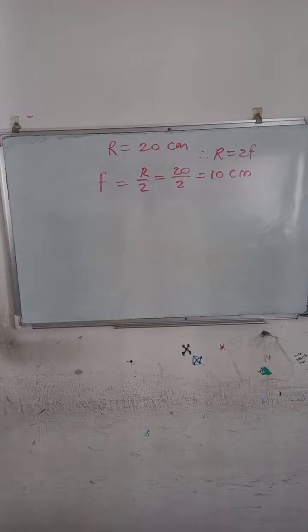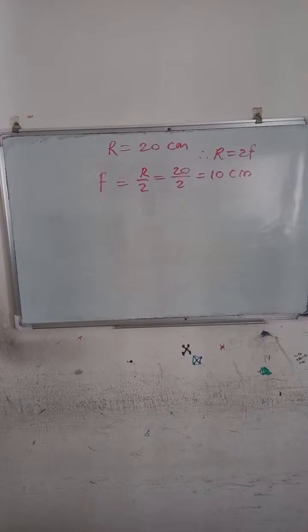Now write down the next question. Light enters from air to glass having refractive index 1.50.